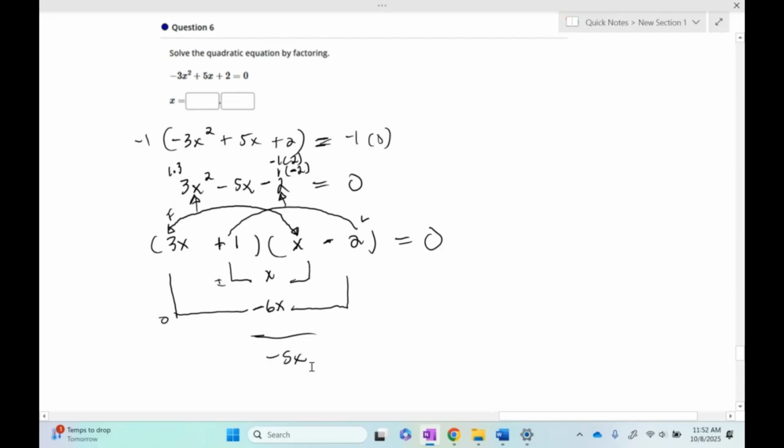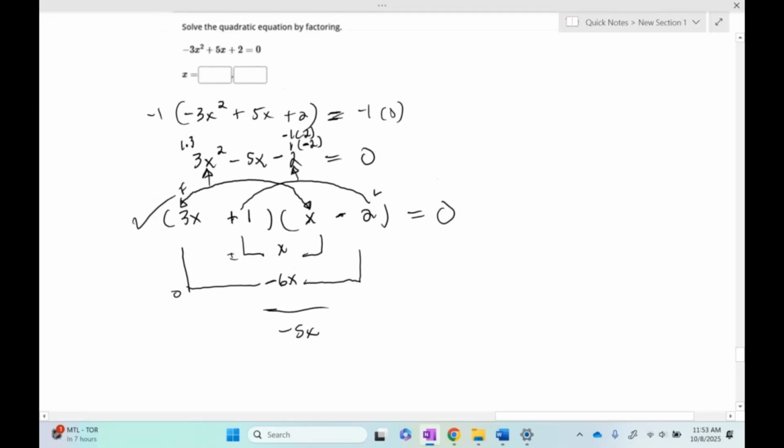And now if I combine my middle terms, x minus 6x is -5x. So this is the correct factorization. Is everybody okay with the factoring part?